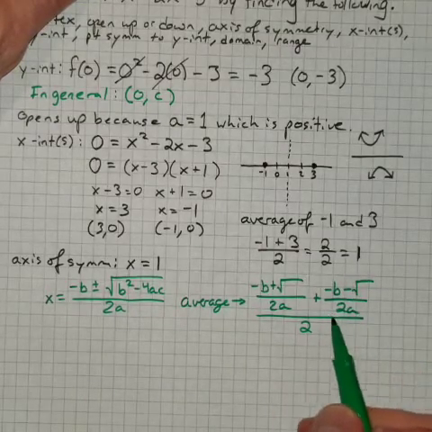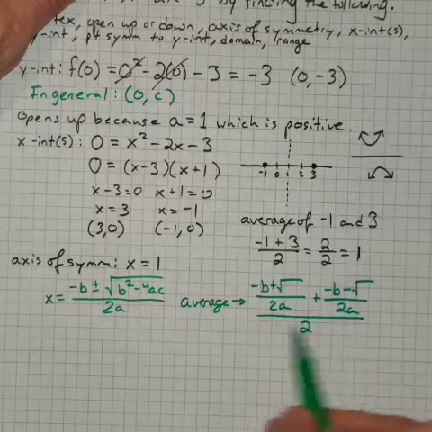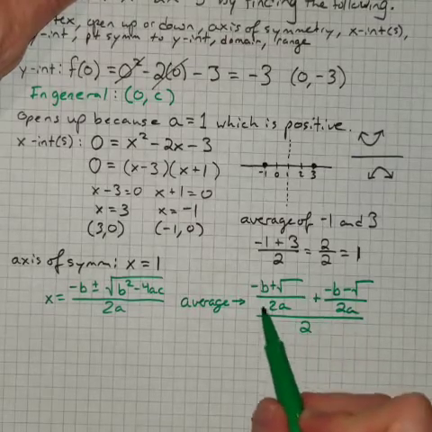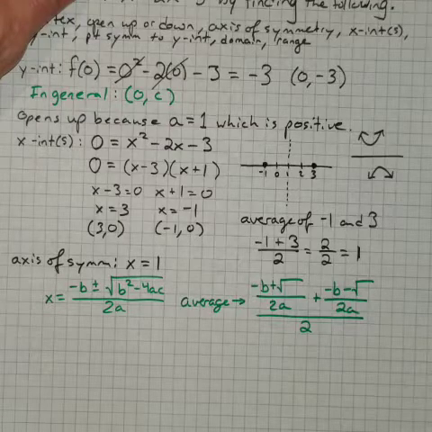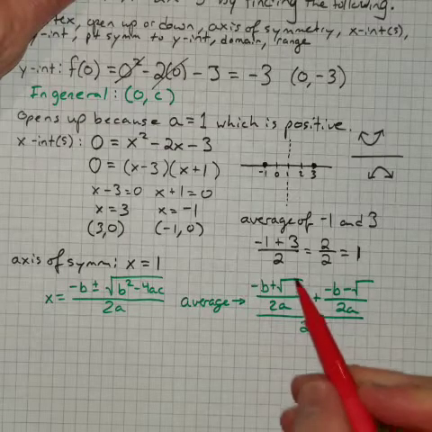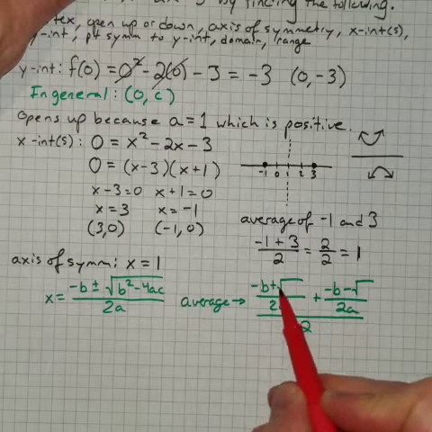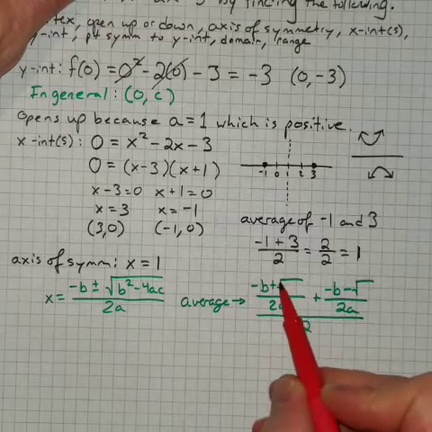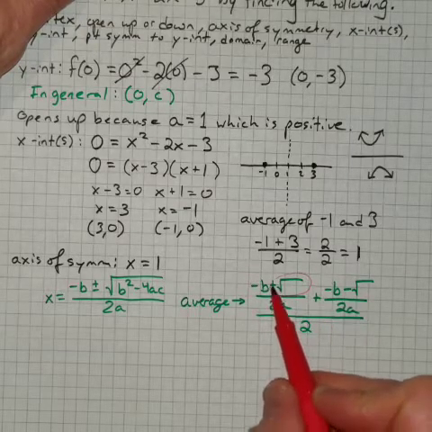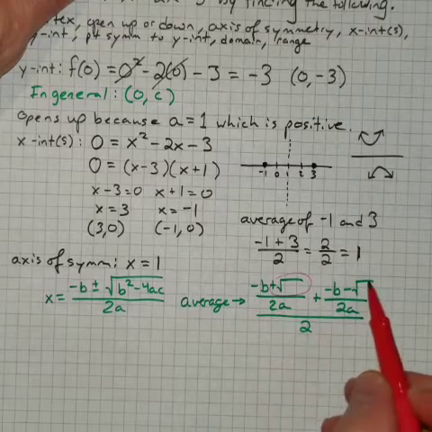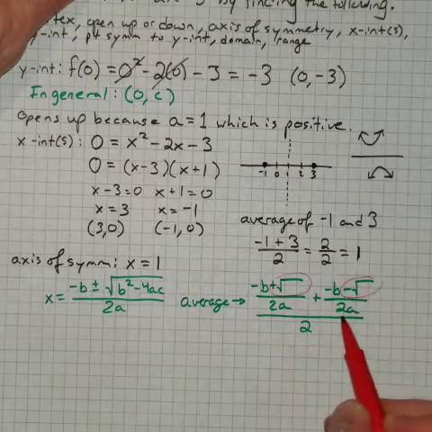Now, what's cool about doing this is that when you go through and simplify, there are two things that drop out very conveniently. This square root over 2a is a plus root over 2a. This one here is a minus root over 2a.